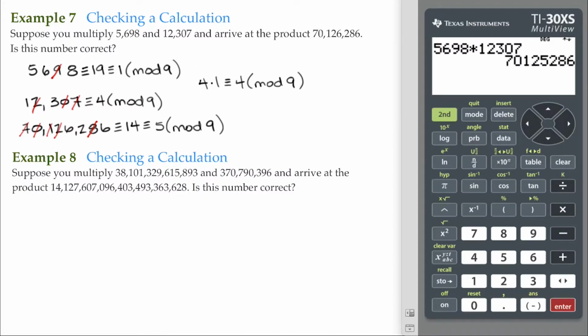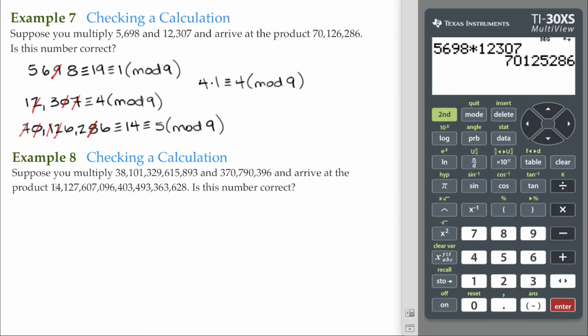So we're going to use the same process for this next example here, except we have these really large numbers here. And the display capacity for our calculator does not necessarily give us the correct answer, so it's hard to tell.